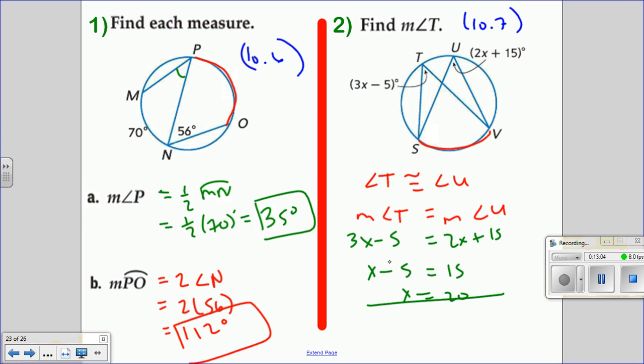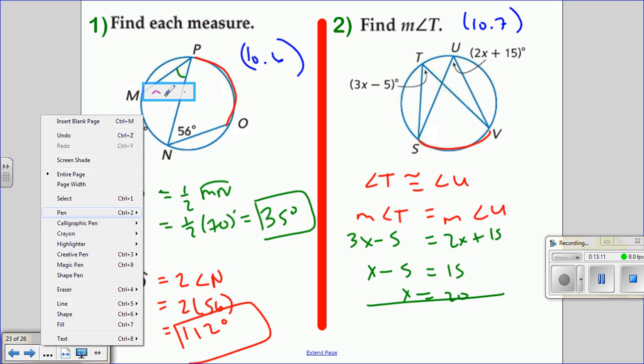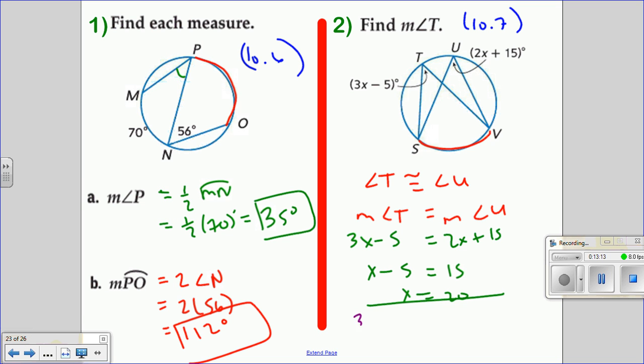It wants us to find the measure of angle T. So now I'm going to use x to substitute. It would be 3 times 20 minus 5. 3 times 20 is 60, and 60 minus 5 is 55. So the measure of angle T is 55 degrees.